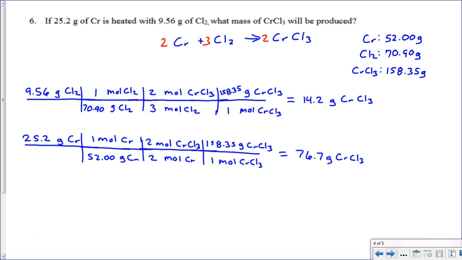That means in reality, we can only make 14.2 grams of CrCl3. This other one is not going to happen, all right? Because once we run out of chlorine, once we run out of that Cl2, we're not making any more CrCl3. It doesn't matter that we have extra chromium or that we have enough chromium to make more of the CrCl3. So we go with a smaller number.